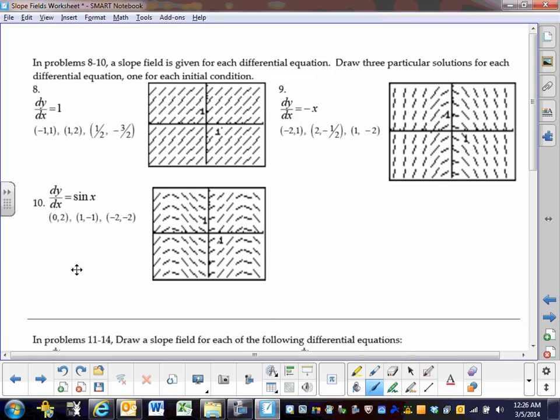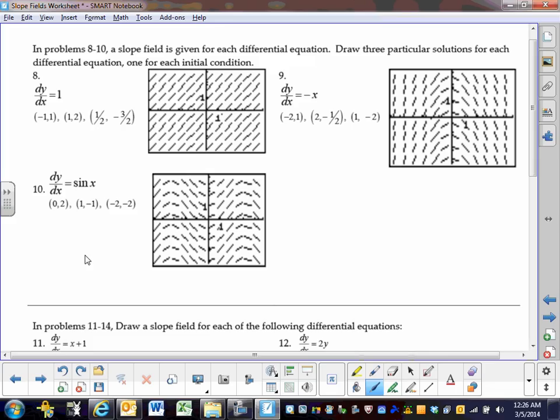Okay, so we're going to do matching again. And we're going to start first with sketching through. So if we have -1, -1, which would be here, we would have a line with a slope of 1. So, sorry about that.